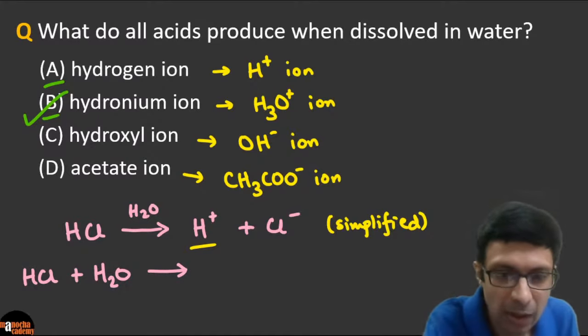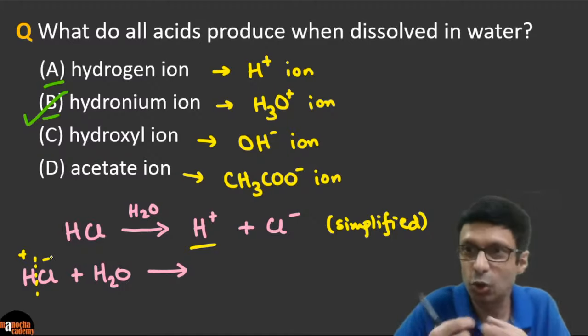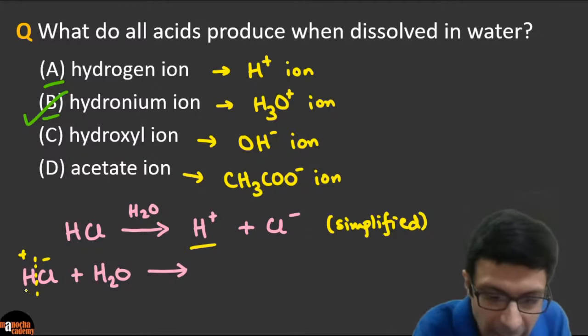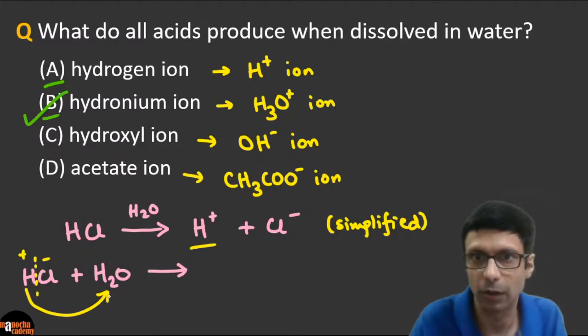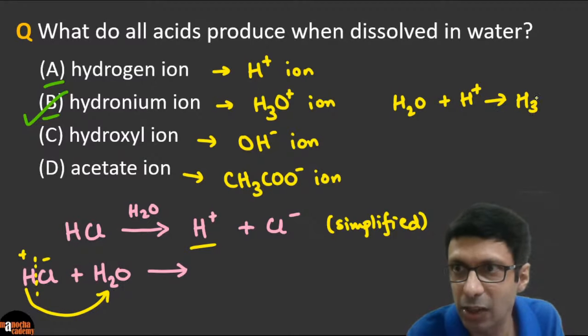So what happens is water still breaks it down into H plus and Cl minus. So the HCl molecules get broken down into H plus and Cl minus, and the H plus joins with the water. Okay, so what happens is water plus H plus gives you hydronium ion, H3O plus.